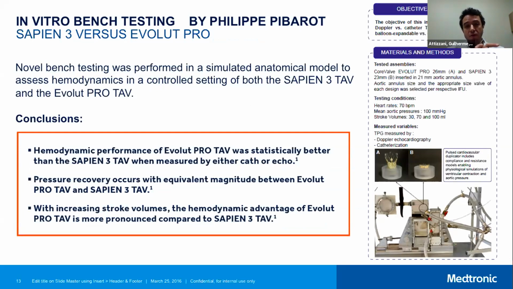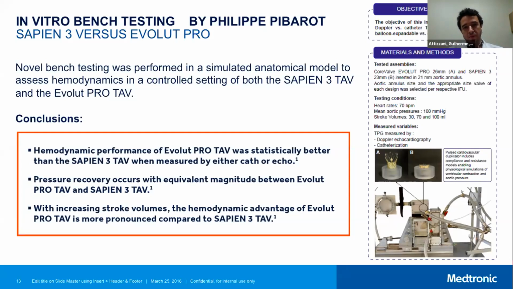The pressure recovery, which is a controversial topic also, occurred with equivalent magnitude between the EVOLUT Pro and the SAPIEN 3 valve. And also, when we increase stroke volumes, the hemodynamic advantage of EVOLUT was more pronounced than SAPIEN. When I saw this, I thought it was a very important piece of data.